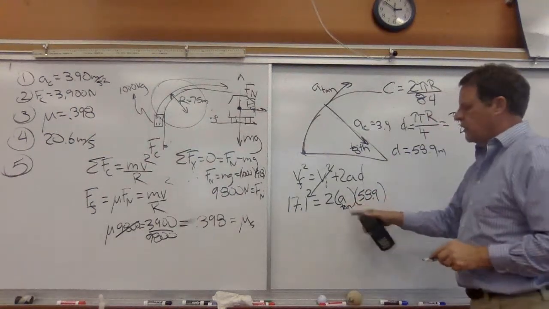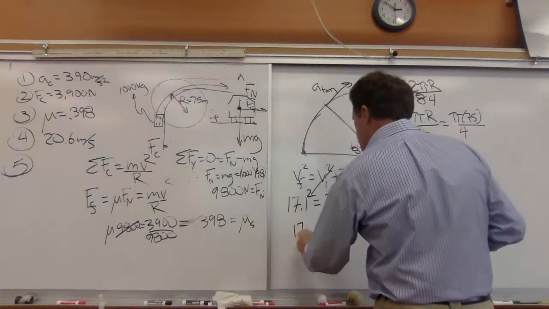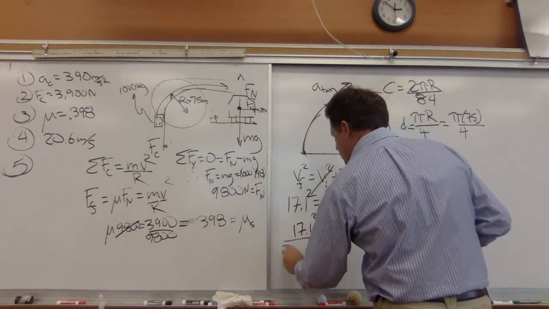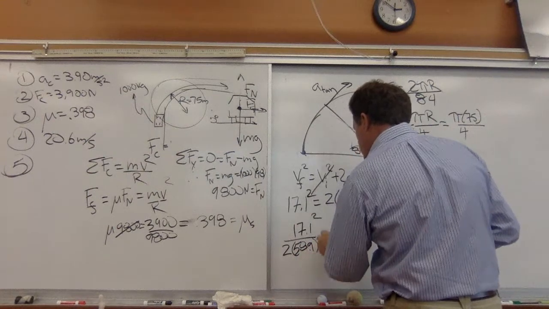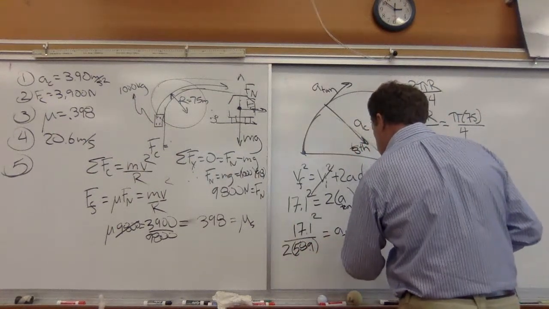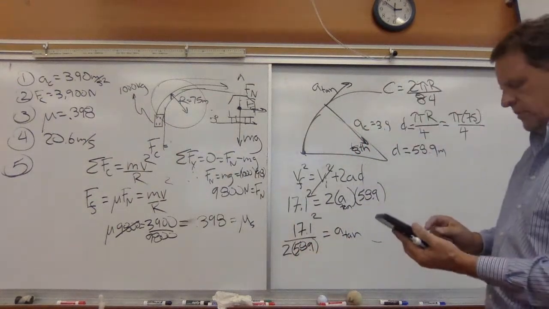So now we want to solve for this. 17.1 squared divided by 2 times 58.9, that's our tangential acceleration.